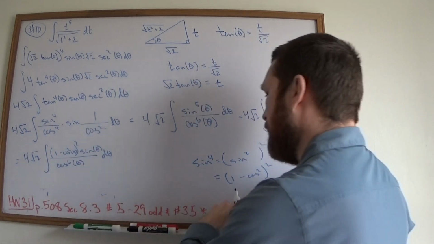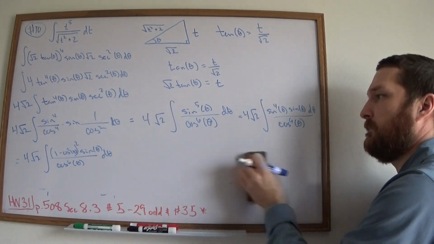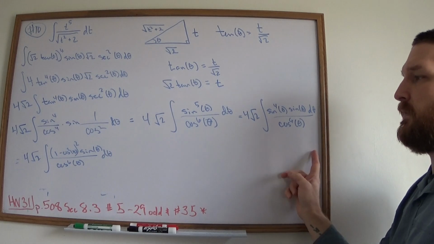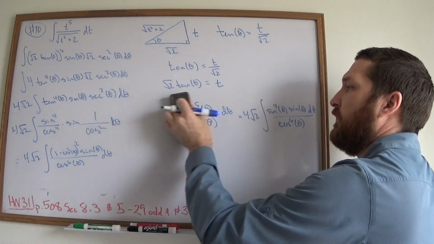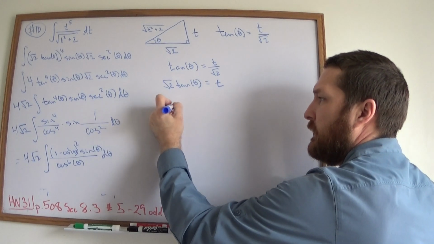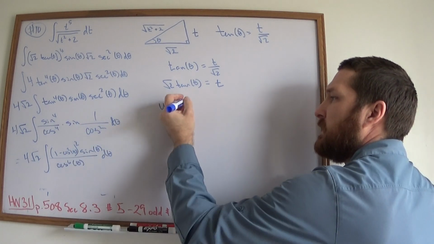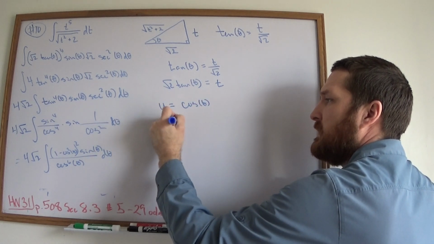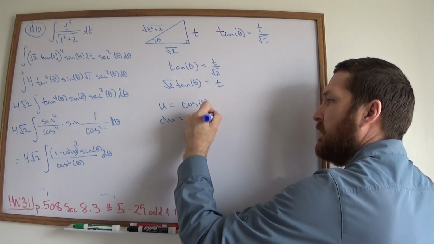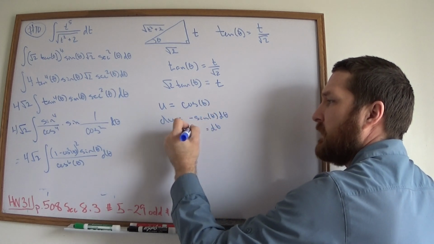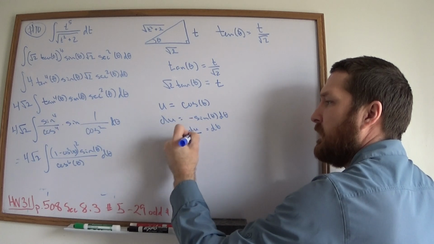Now let's do a U substitution. I'm going to erase this stuff right here to give myself some room. I'm going to let u equal the stuff that I have the most of, cosine. So du is negative sine theta d theta, and d theta works out to negative du over sine.